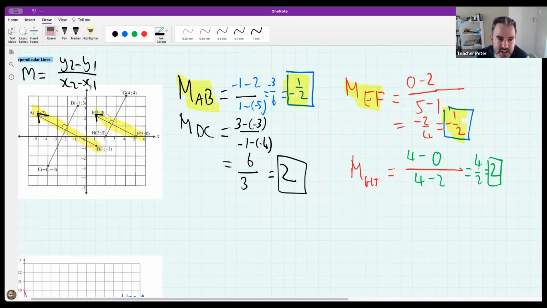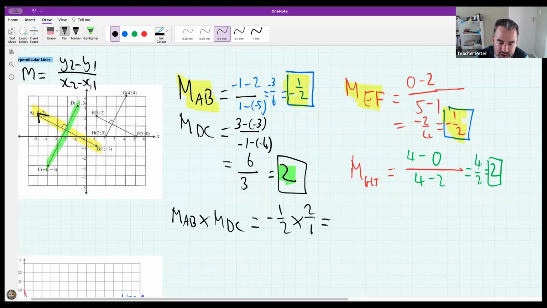Now, instead of focusing on the relationship between the yellow and the yellow, let's focus on the relationship between the yellow and the green line. Now, they are not the same, but they are related to each other. Let me show you this. If I multiply the gradients of AB and DC, I go minus a half times 2 over 1.